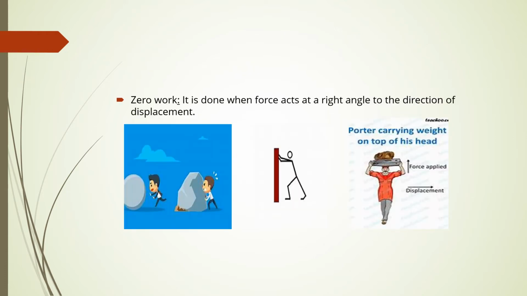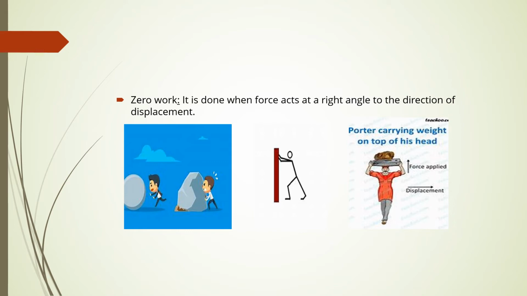Now zero work. The third one is zero work. It is done when force acts at a right angle to the direction of the displacement. Or one more criterion: if there is no displacement. So let's discuss there is no displacement. See these figures, the blue box and this person trying to push the wall.